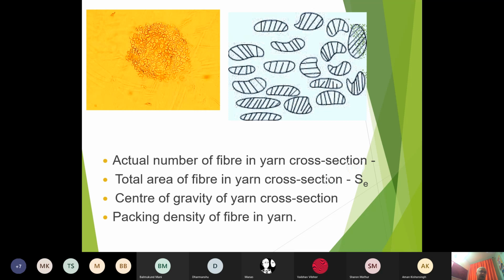So this we have talked about. In the earlier lecture we also talked about the number of fibers in the yarn cross section.